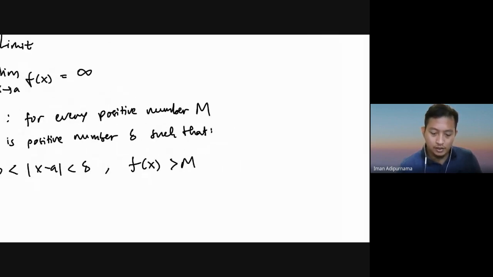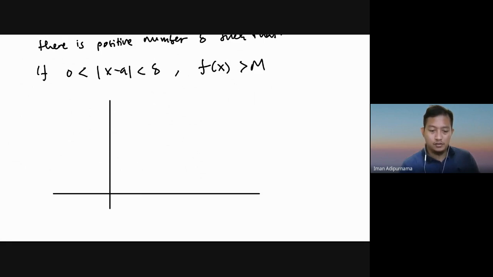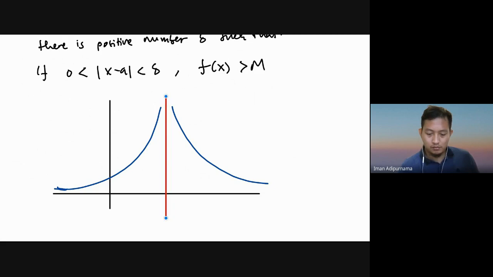Let me draw here how it looks. So maybe like that, going up. And let me make the asymptote here, a little bit in the middle.